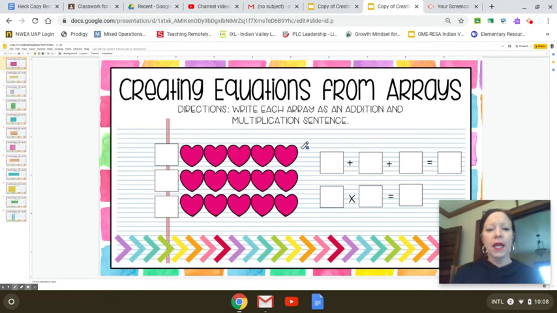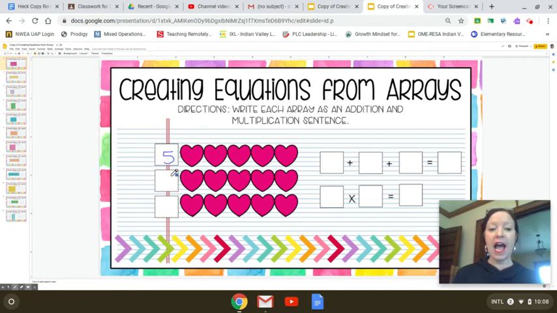So here we go. If you look at my hearts, I'm going to count how many columns I have. So here's 1 column, 2 columns, 3 columns, 4 columns, 5 columns. Now, I'm going to go over here and put a 5 in my box.